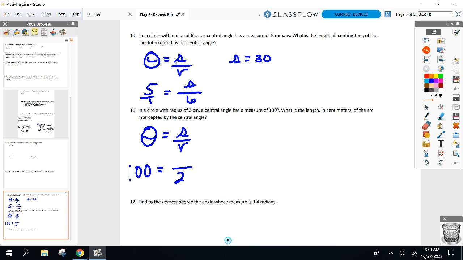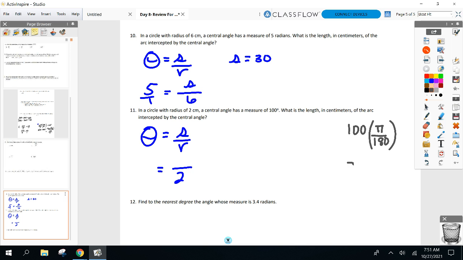What I do need to do is take 100 and put it into radians. What do I need to do to 100 to make it into radians? What's the conversion on your formula sheet? Pi over 180. I do not do 100 times 180.